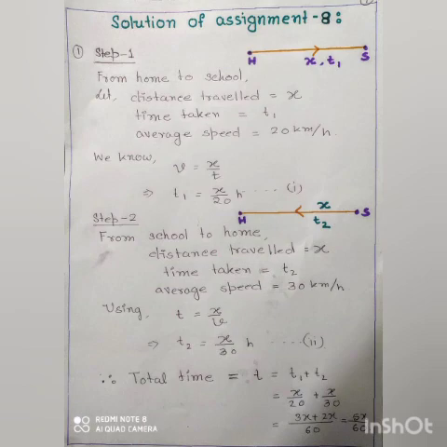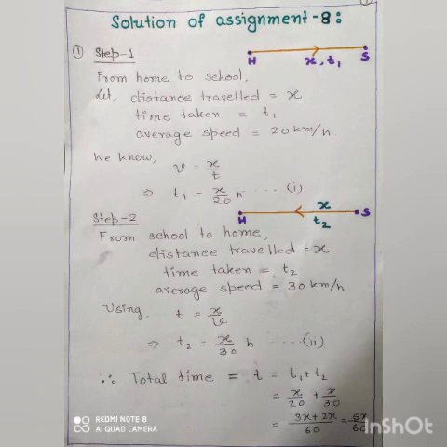So see, here you can convert the speed into meter per second, but no need to convert here. We will find the value in kilometer per hour. So all distance we will measure in terms of kilometer and time in terms of hour.